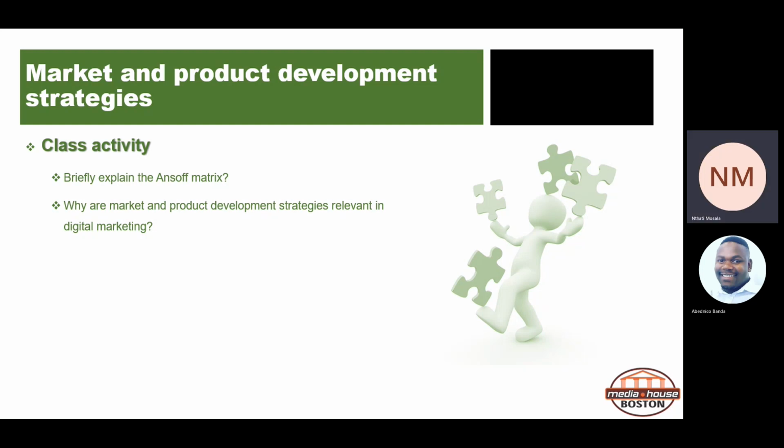Is it because that's the point of digital marketing? To some extent it is, but remember, there are some products that market themselves. You do not necessarily need to sweat when exposing them to the industry, you know? So product development strategies, they work hand in hand with digital marketing strategy.